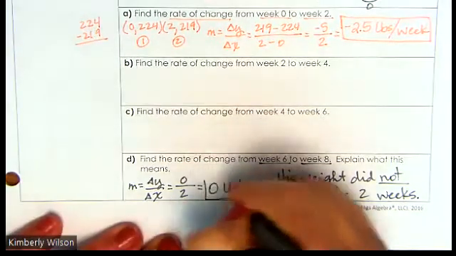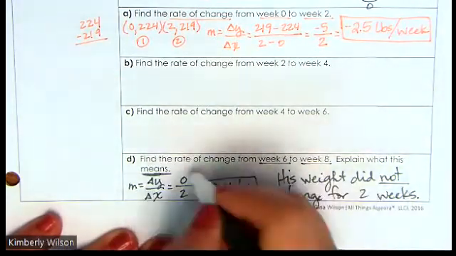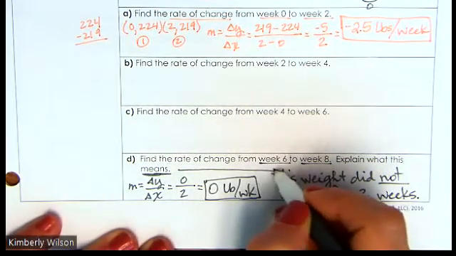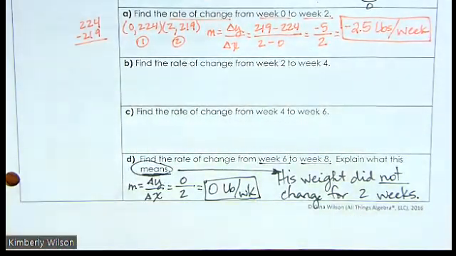This is the rate of change. What it means is this info here. This is describing what it means. All right, next example. Okay, next page.